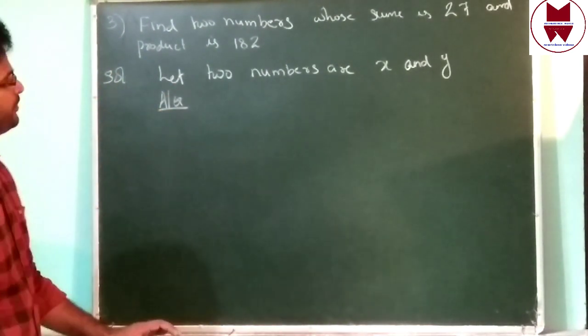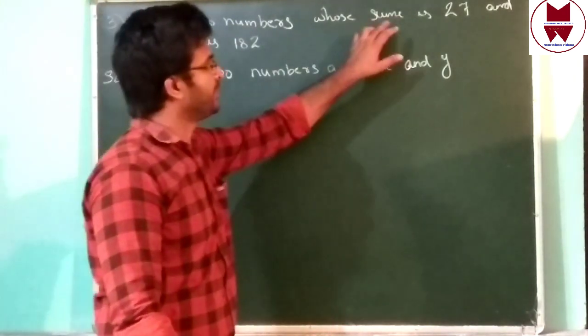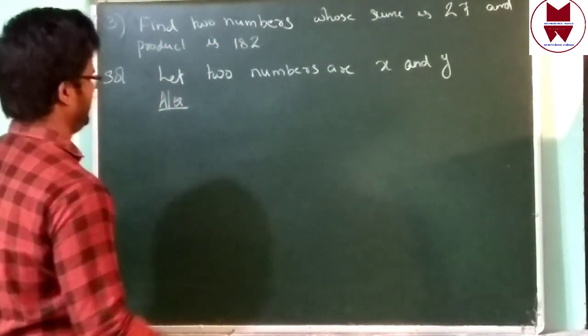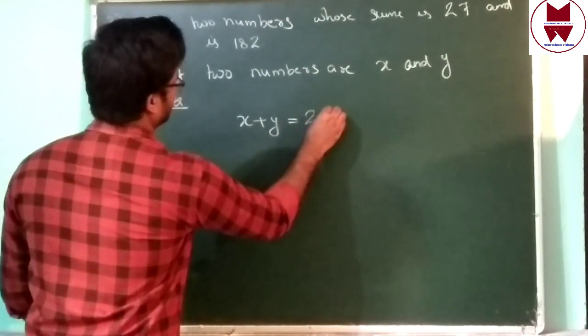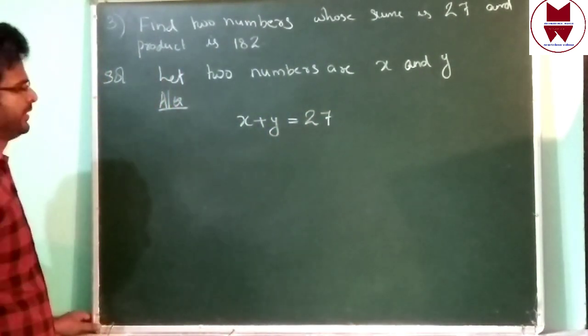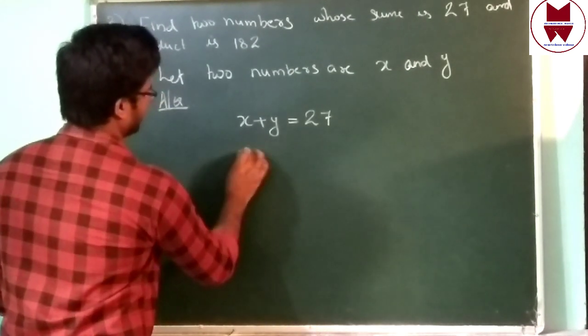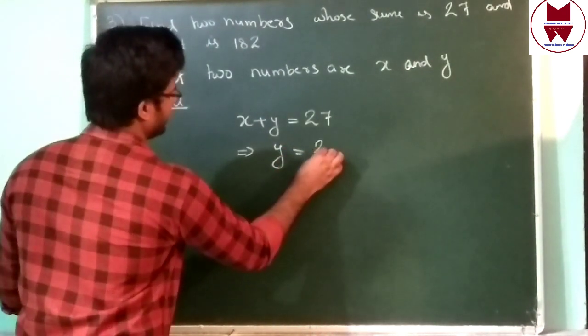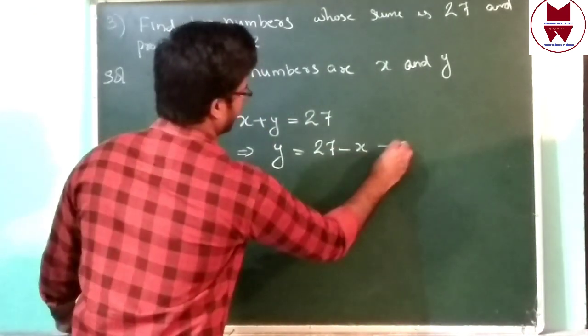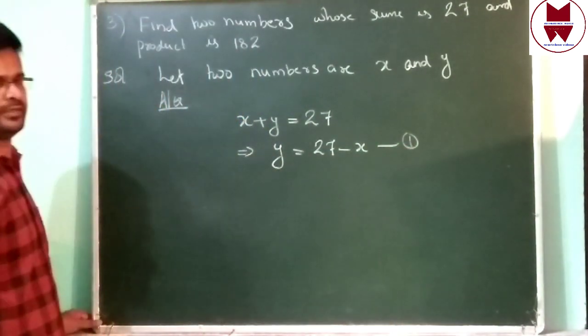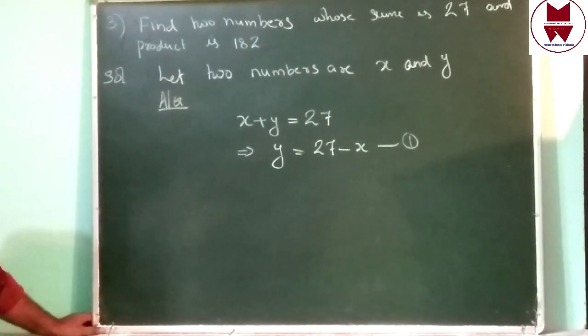As per the question, what is the first condition? Sum is 27. You can write x plus y equal to 27, isn't it? Then from here y equal to 27, this x bring to right side, that will be minus x. Equation number 1: y equal to 27 minus x.